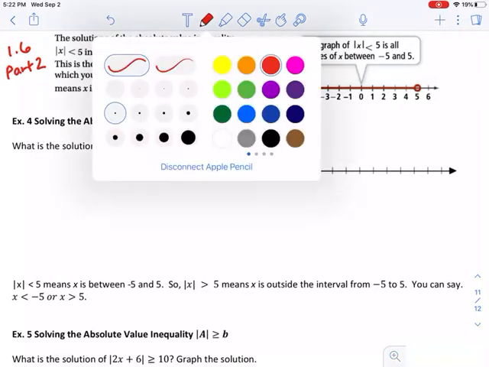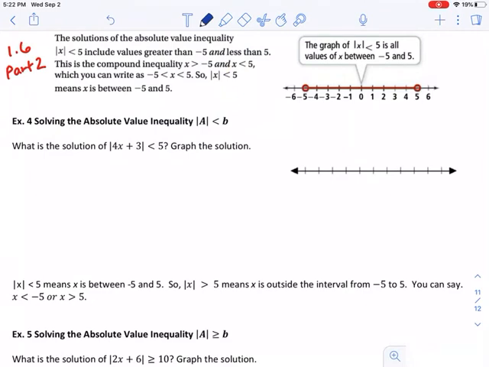So for instance, if we look at this little graph over here, we know absolute value is the distance from 0. So if I'm at 0 here in the middle, and x is less than 5, that means my distance from 0 has to be within 5 units. If I go from +5, 5 units to 0, I can go to -5, 5 units away.